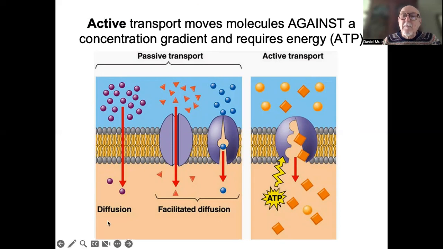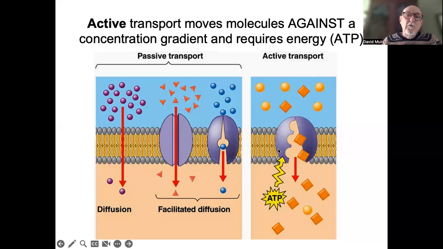This is extremely important because it means that by using methods like this, the cell can begin to accumulate a high concentration of useful molecules inside the cytoplasm and keep them there. So it can work the other way too. Sometimes, as we'll see when we look at how membranes function in establishing gradients of their own, they may want to pump things out as well against the gradient.